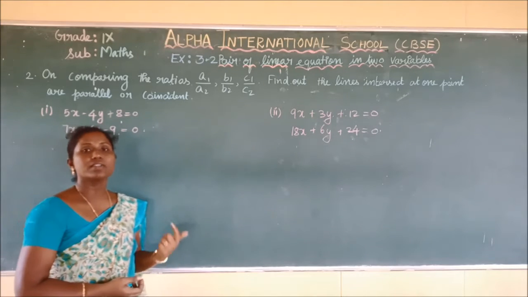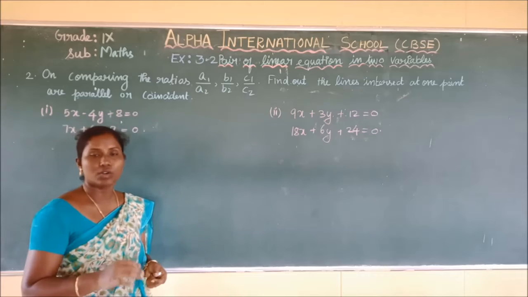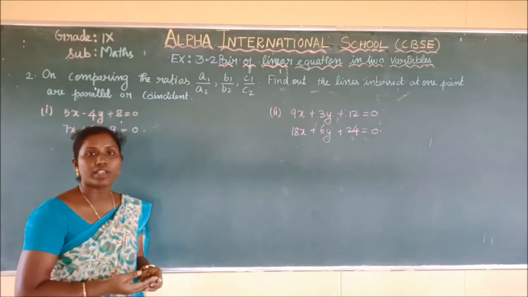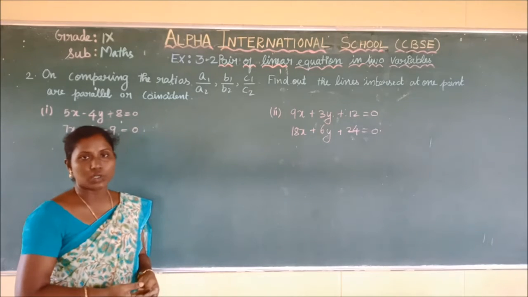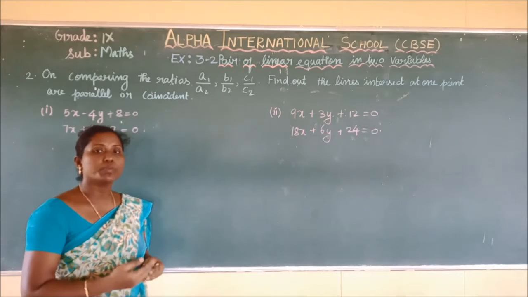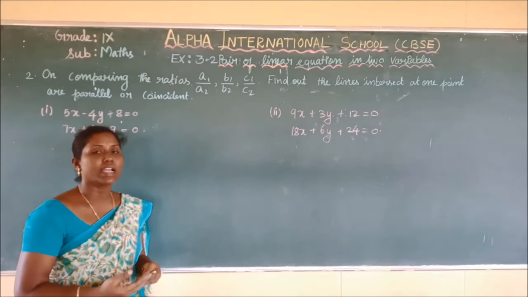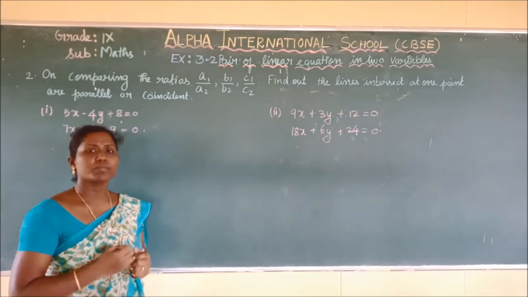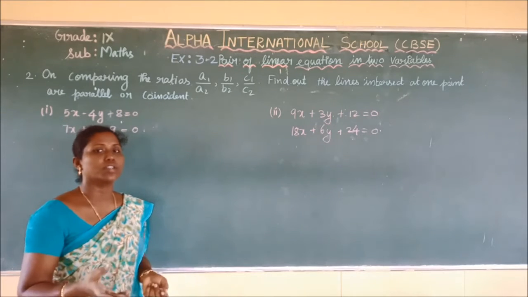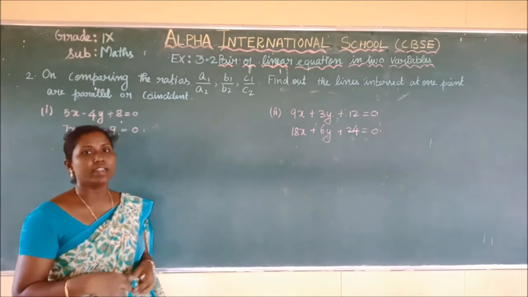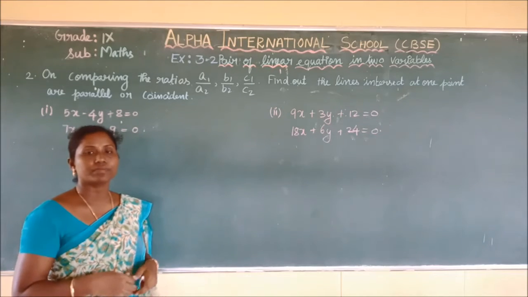Do you remember how to find the nature of the solution from the ratios of the coefficients? If A1 by A2 is not equal to B1 by B2, then it has a unique solution; the lines intersect at only one point. If all the ratios of coefficients and constants are equal, then the lines are coincident, with infinitely many solutions.